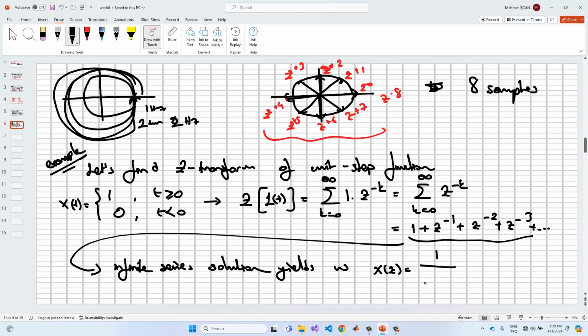The 1 divided by 1 minus z over 1. This is converging to this value of this term. You may not need to use the infinite series solution, okay, but you can do that. But this yields us to what? The z divided by z minus 1. Okay, this is our z transform result or the transfer function, but in what? In discrete time domain. Okay, this solution comes from the infinite solution.